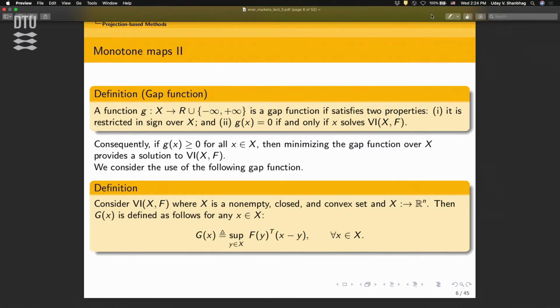So the gap function is a function that is associated with the variational inequality and has two properties. A, it is restricted in sign, so it's either non-negative or non-positive, and it's 0 if and only if x is a solution to VI of X, F. Okay, but remember, it's not necessarily convex, right?